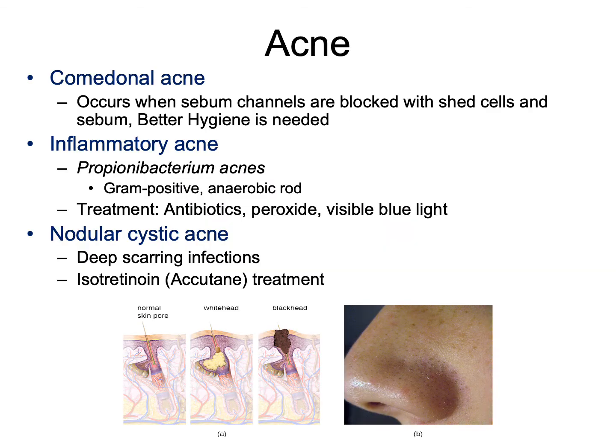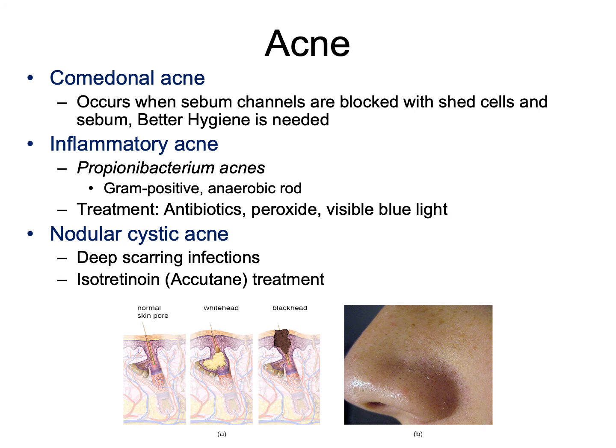Our skin has that great defense of sebum, and that sebum can be antimicrobial. It's acidic, it can lubricate the skin and hair, but it can also overproduce and clog the pores with shed cells. It blocks the pores with shed cells and sebum and causes comedonal acne.